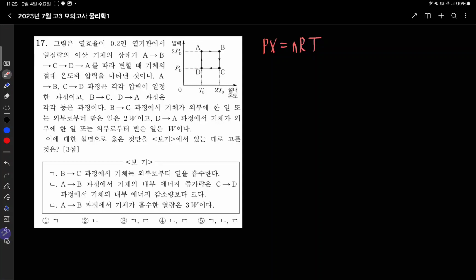So in the state of D, if the pressure is P0 and temperature is T0, let's say the volume at the state is V0.